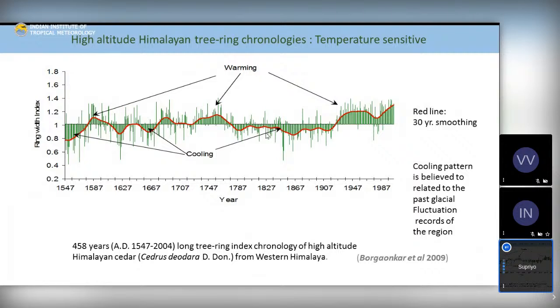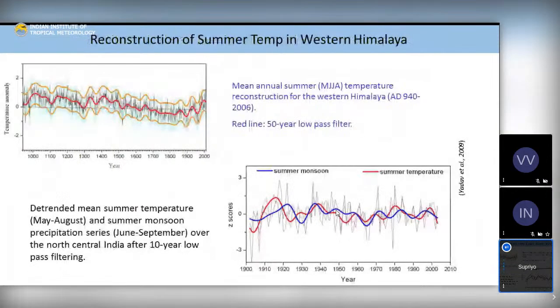When this equation is extended to the past, when instrumental record is not available, in principle, the warming and cooling events can be identified, which is shown in this record. These cooling events are believed to be related to the fluctuations of glacial events in this region.